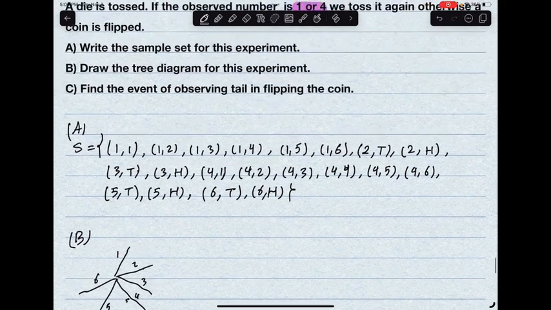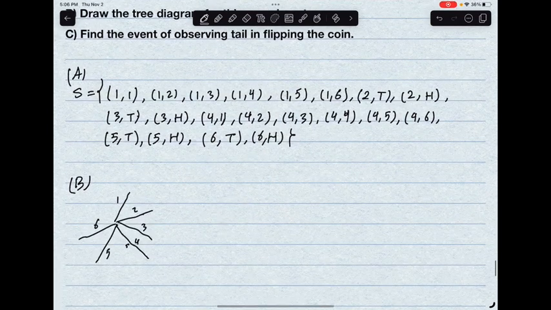For 1 and 4 we toss a die again, so here is 1. So again 1, 2, 3, 4, 5, 6.